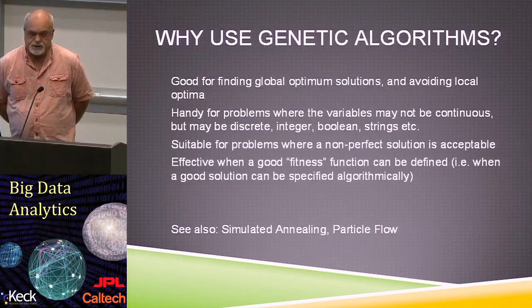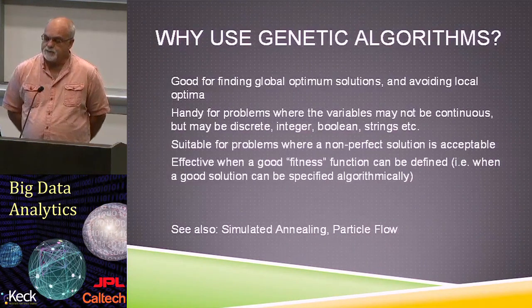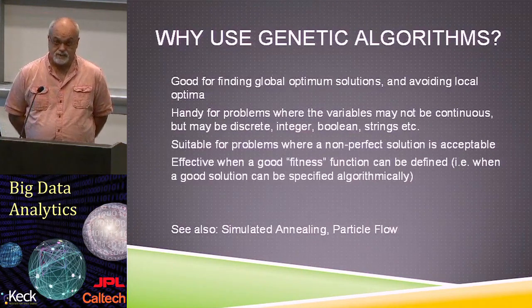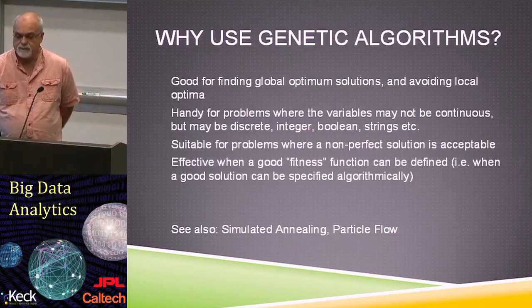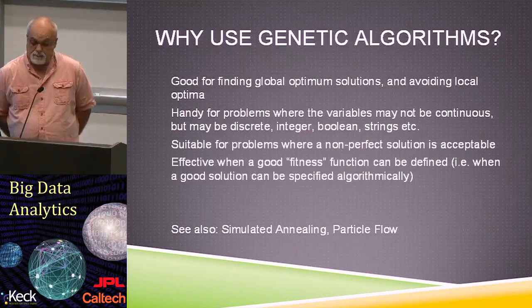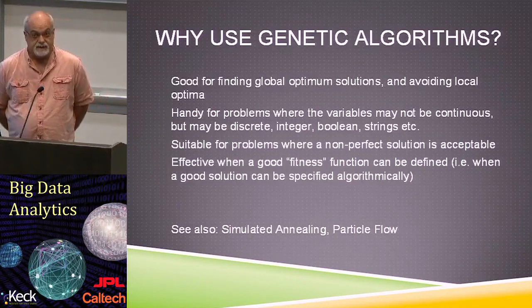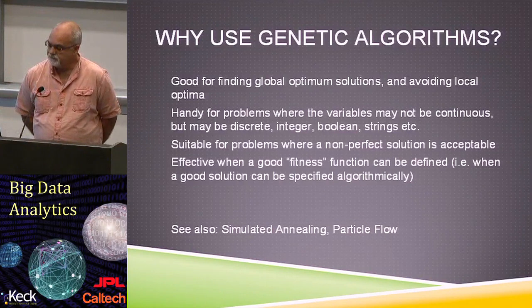Now, why would you use genetic algorithms? Genetic algorithms are good for finding optimal solutions that are global and avoiding local optimum positions. They're also handy for problems where the variables in your problem may not be continuous. They could be discrete variables, integer variables, string variables, booleans, whatever you might have.